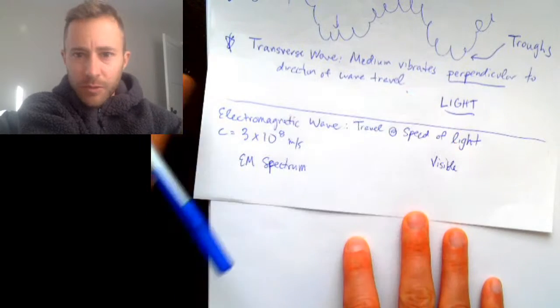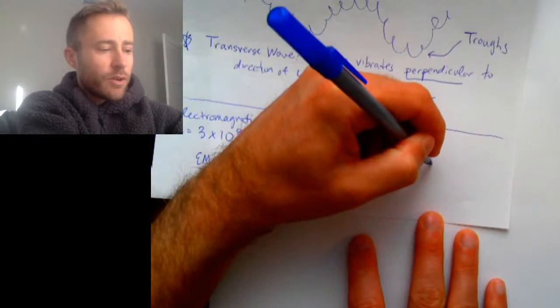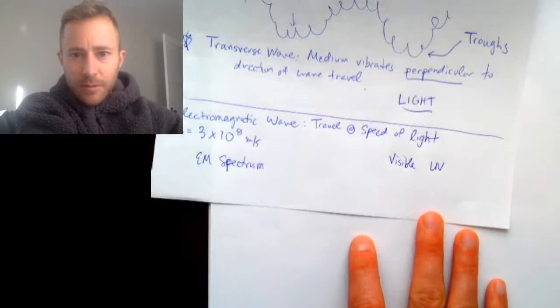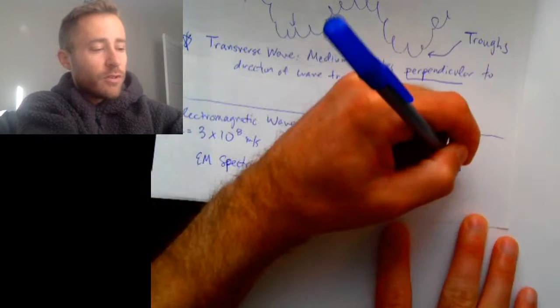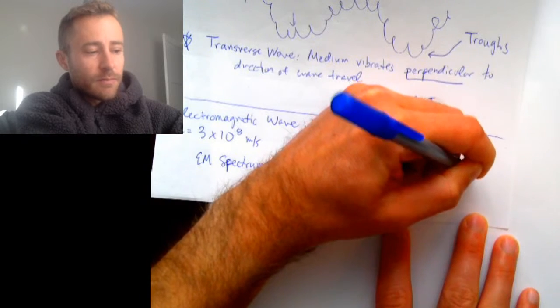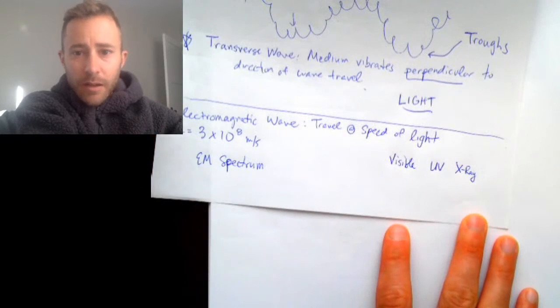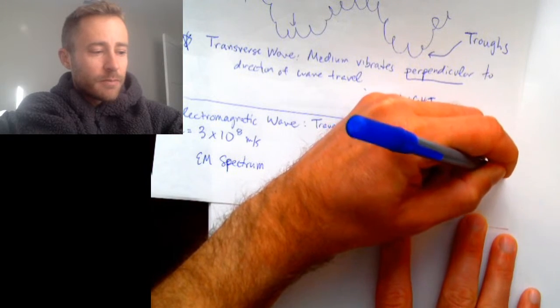There's visible light, there's what is called ultraviolet light, X-rays, and gamma rays.